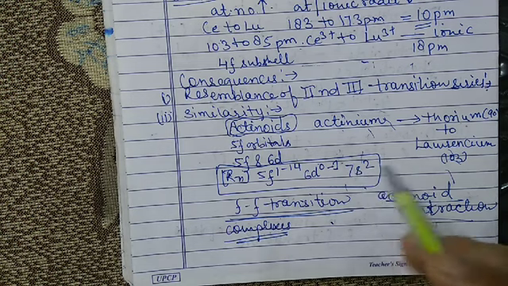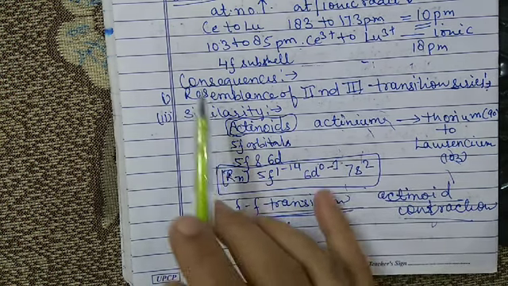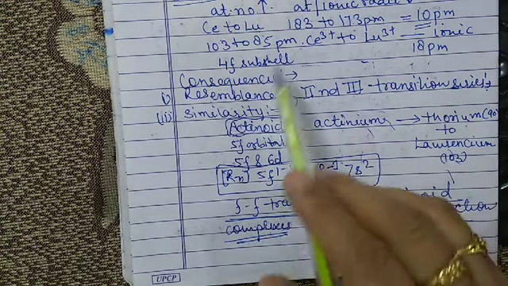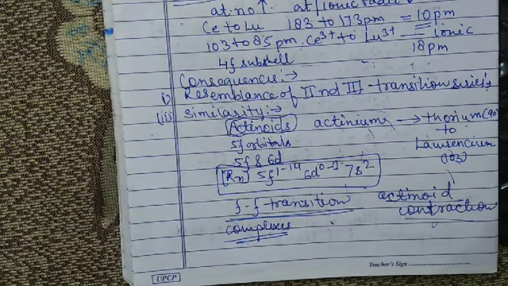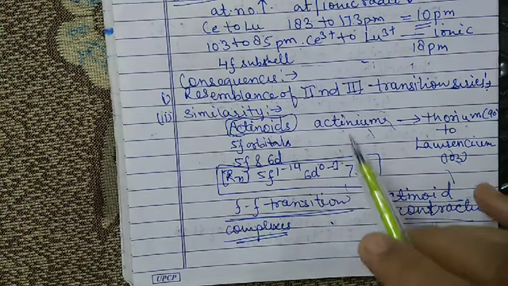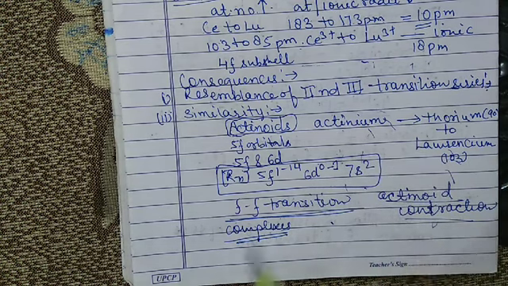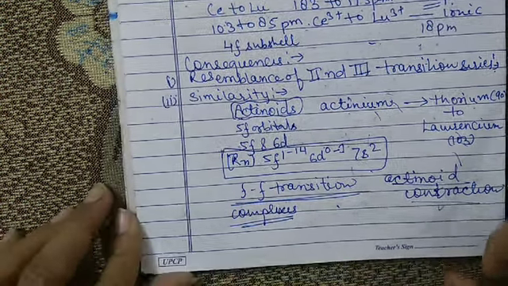So these are the important characteristics of the lanthanoids and the actinoids.